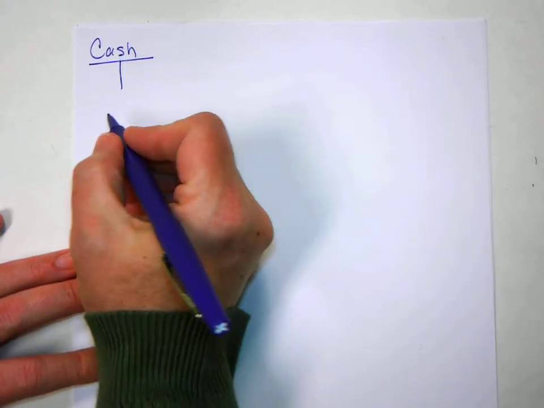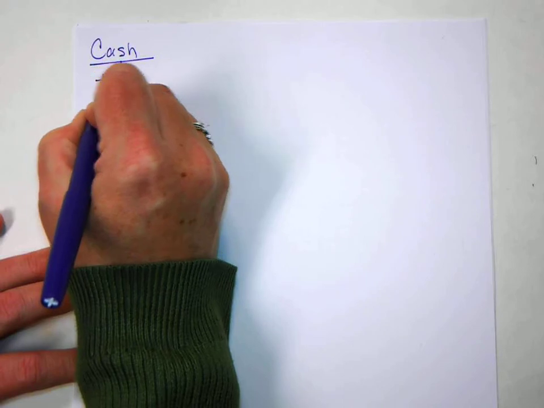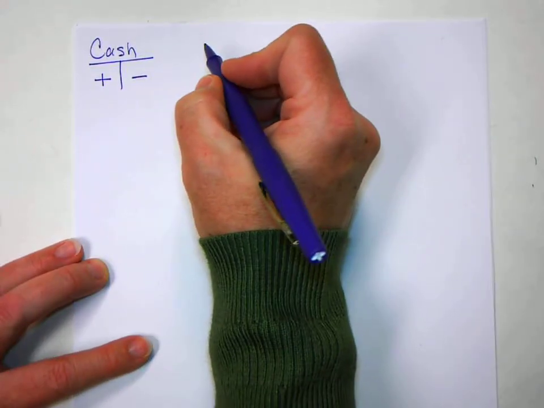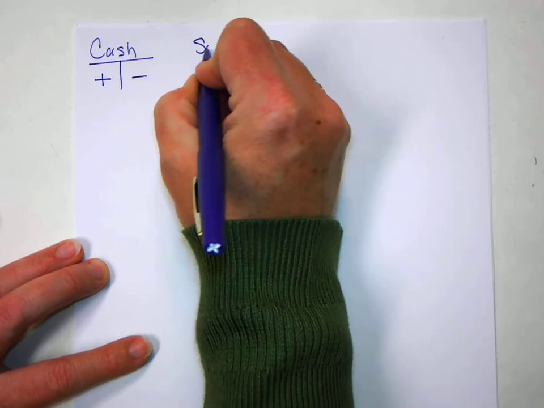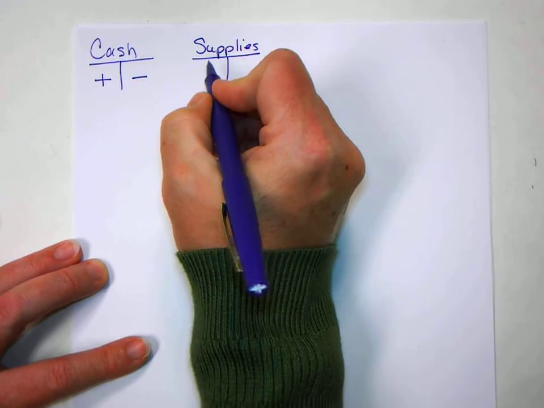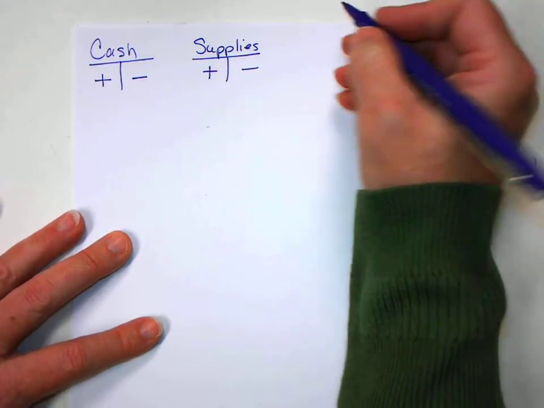So, of course, the ones that we should know like the back of our hand: cash, normal balance of a debit. Okay, so there's our plus and our minus for cash. Supplies. Again, that's an asset, so a normal balance of a debit.